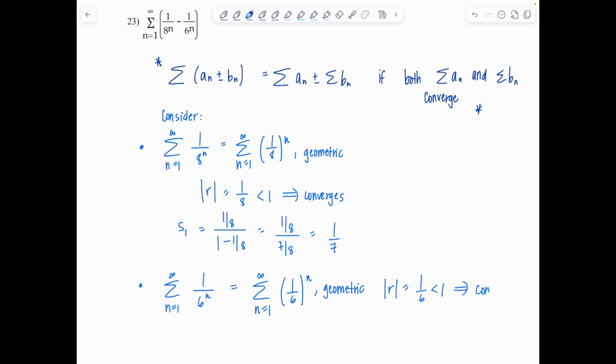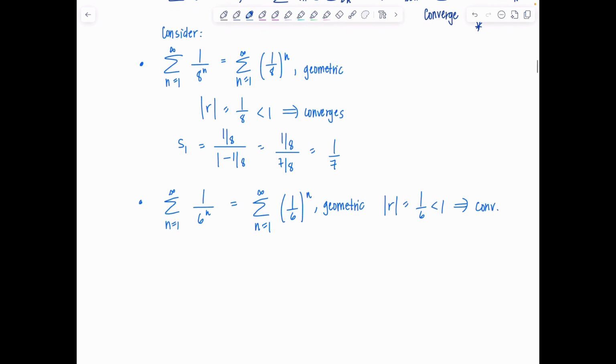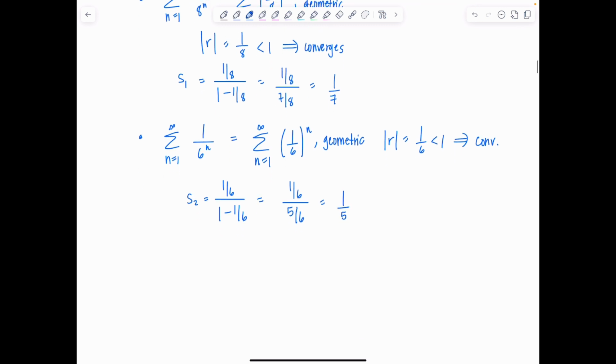It converges. So this second sum starts at 1, so the first term is 1/6 over 1 minus 1/6. So this is 1/6 over 5/6, which is 1/5. That's my second sum.